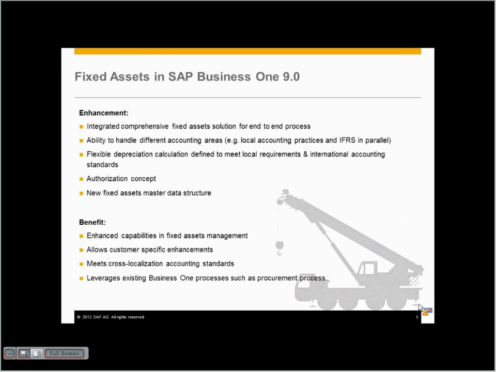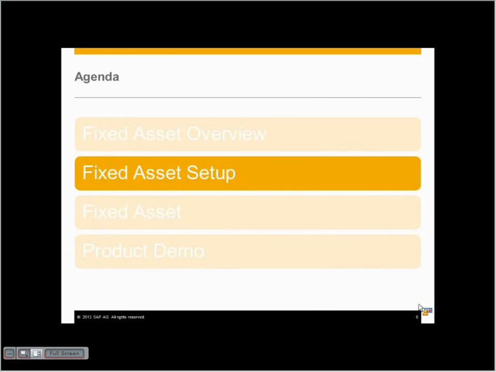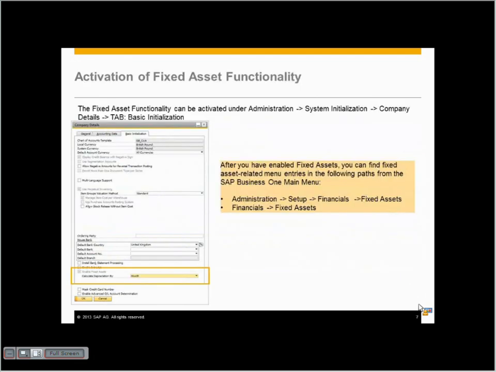Now we are coming to the fixed asset setup. The fixed asset functionality can be activated under Administration, System Initialization, Company Details, and the tab Basic Initialization. Here you will have a tick box Enable Fixed Assets, and after you have enabled the fixed asset solution, you can find fixed asset related menu entries in the following path from the SAP Business One menu.